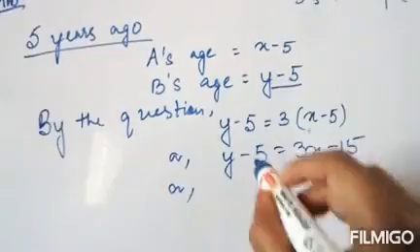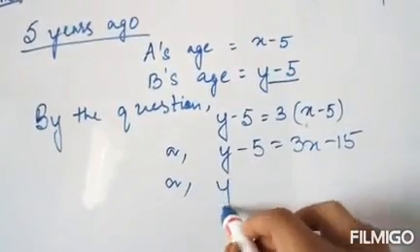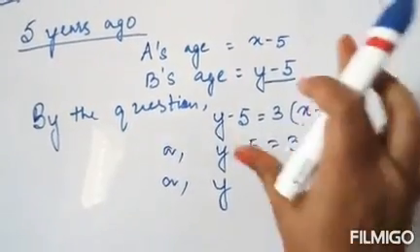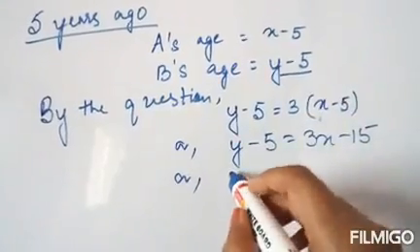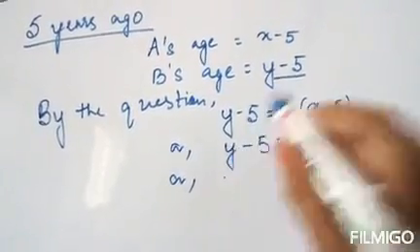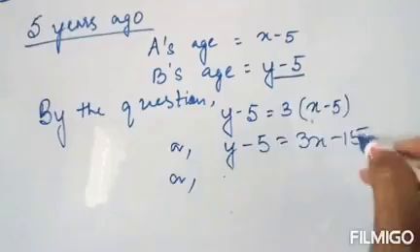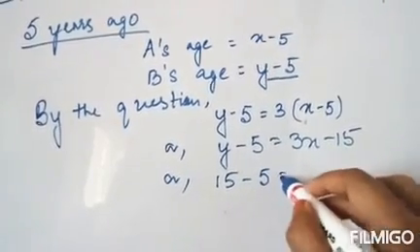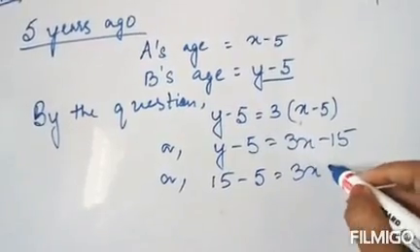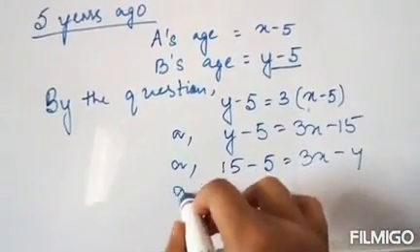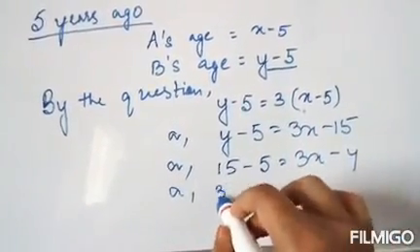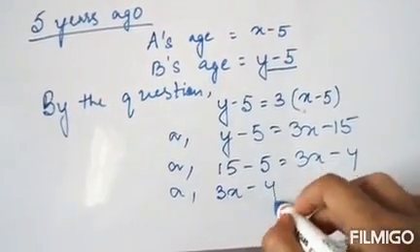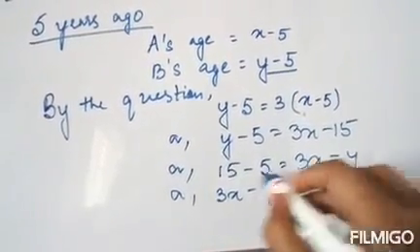Taking the Y to this side and 15 to this side, 15 minus 5 is equal to 3X minus Y, or 3X minus Y is equal to 10.